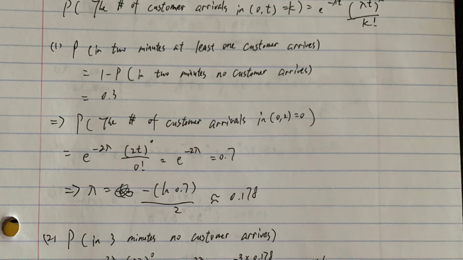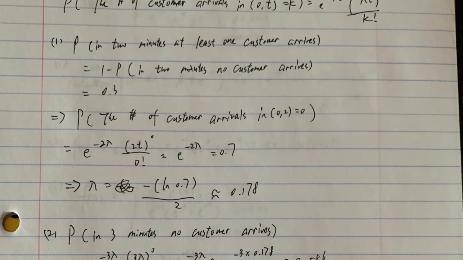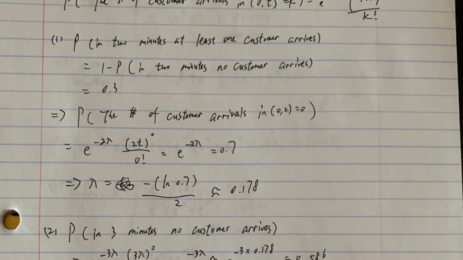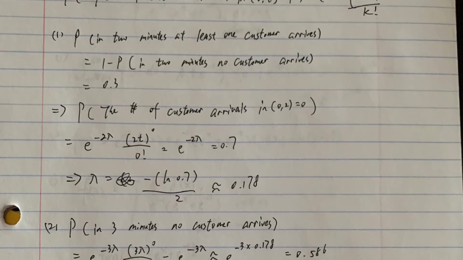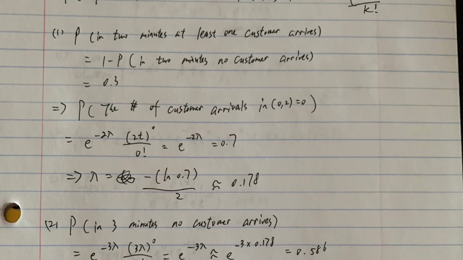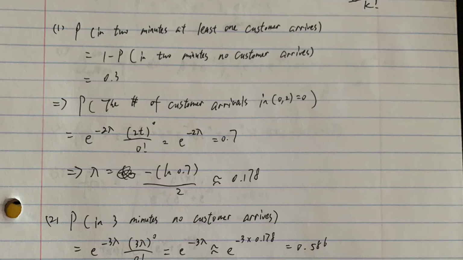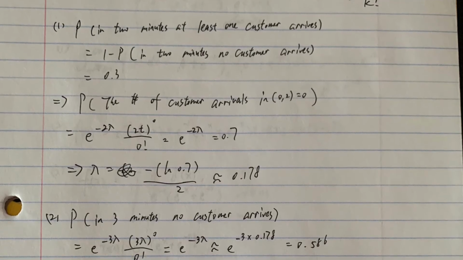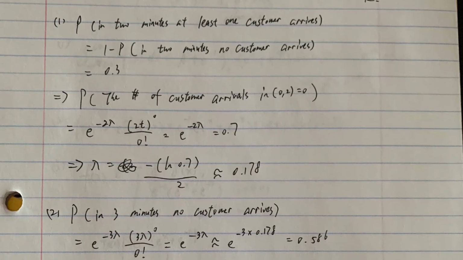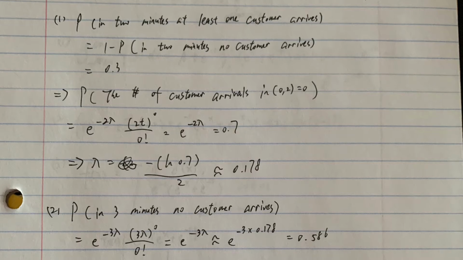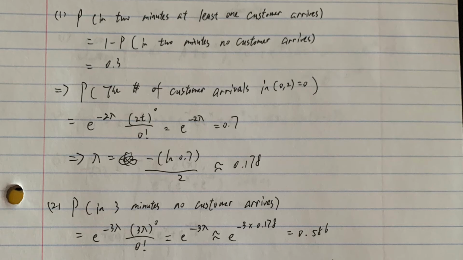So for problem 1, the probability that in 2 minutes at least one customer arrives equals 1 minus the probability that in 2 minutes no customer arrives, which equals 0.3. So we can get that the probability that the number of customer arrivals in (0, 2] equals 0, so we get e to the power of minus 2 lambda, times (2 lambda) to the power of 0 over 0 factorial.